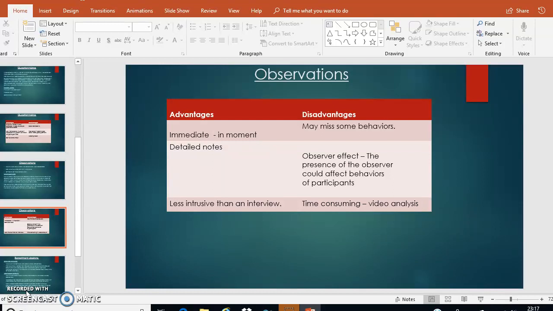So it could be argued that it may not actually be natural, because if the participants know that the observer is there, they might then perform differently to how they would normally. And it's also time consuming. If you do use video analysis, then it will be very time consuming to analyse everything that occurred within the video. So this is another disadvantage of observations.